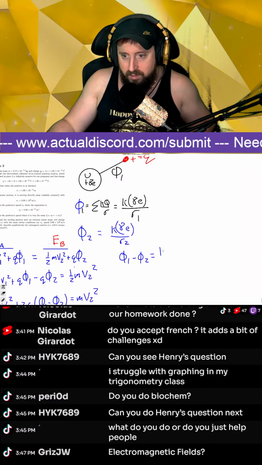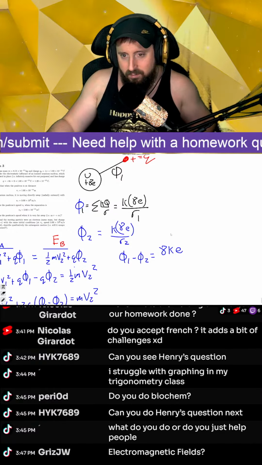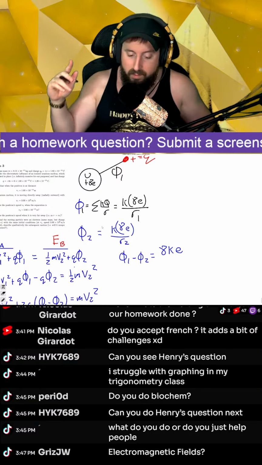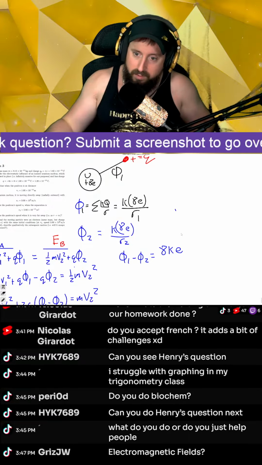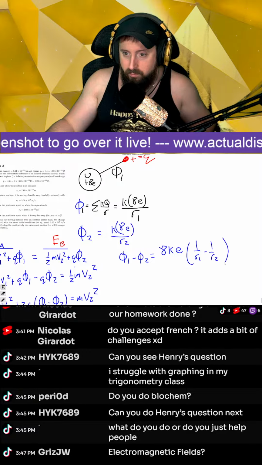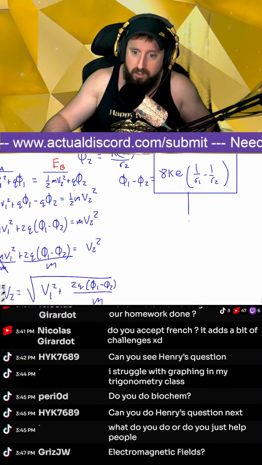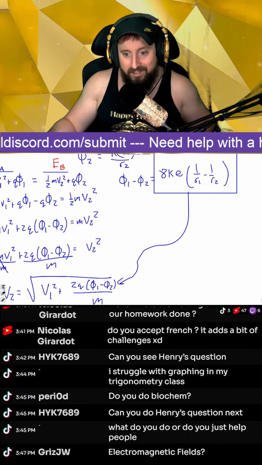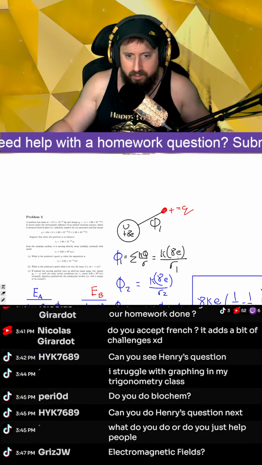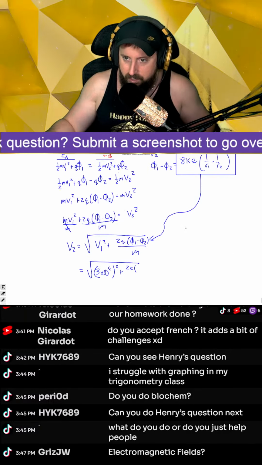Okay, so this is 8ke, right? If I do this one minus this one. And then that's going to be 1 over R1 minus 1 over R2, right? That's what this is. So this whole thing comes into here. This isn't electromagnetic fields. I don't even think this is electric fields. I mean, there are electric fields being created, but it's just conservation of energy with electrostatics.